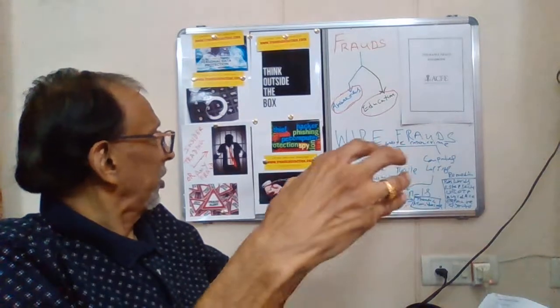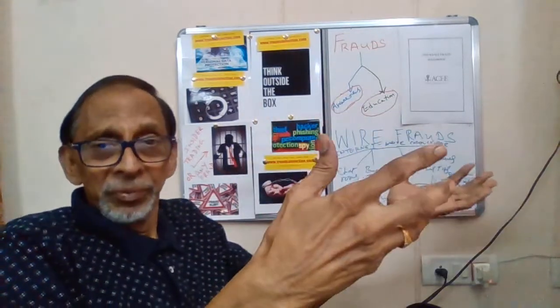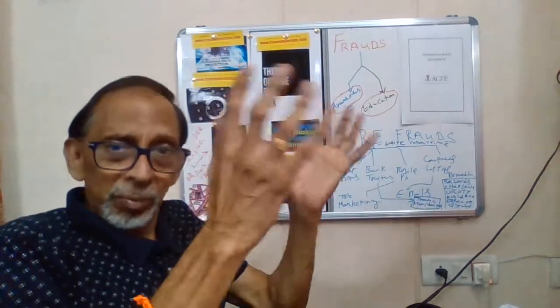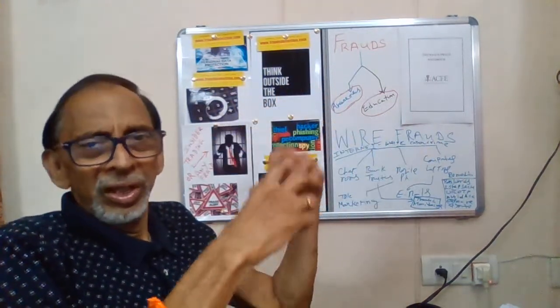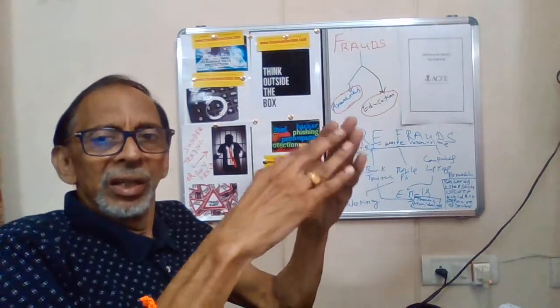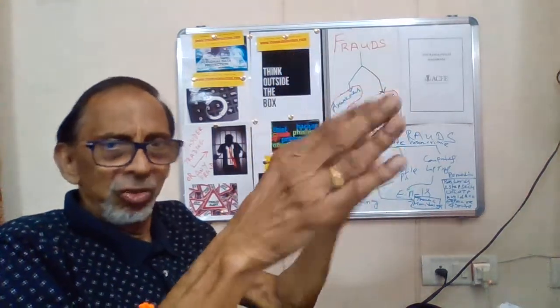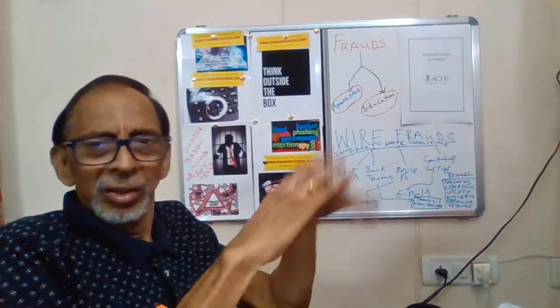So chat rooms, bank transfers, mobile phones, computers, laptops, and emails all constitute wire frauds, where people misrepresent themselves as somebody else, contact you, and convince the person at the other end to transfer monies. We have discussed various other modes.